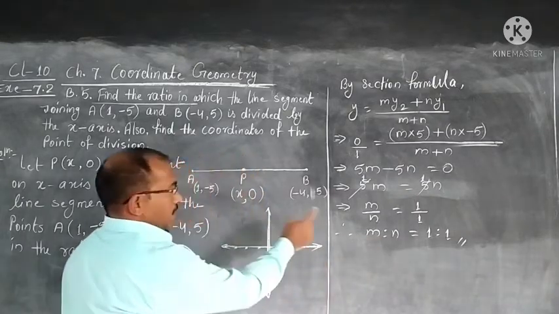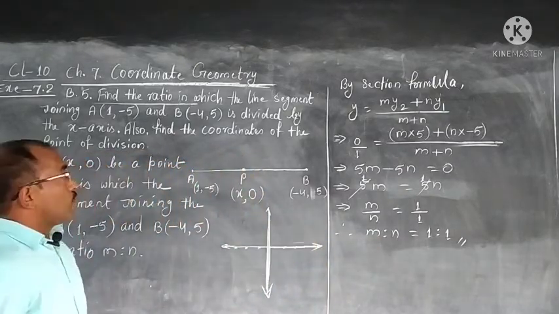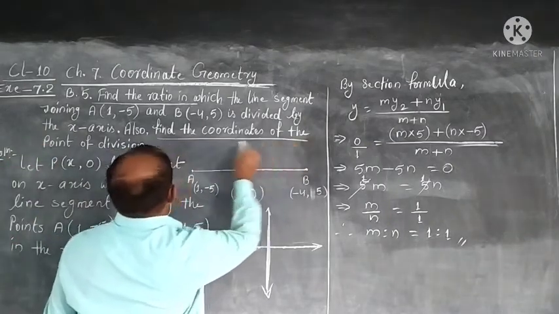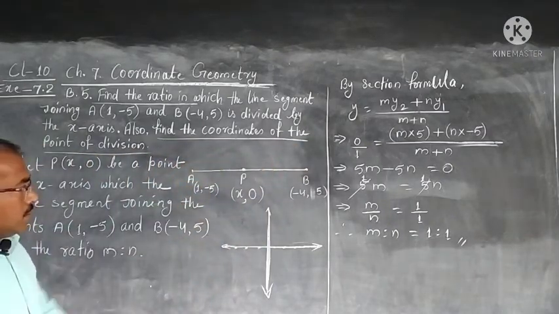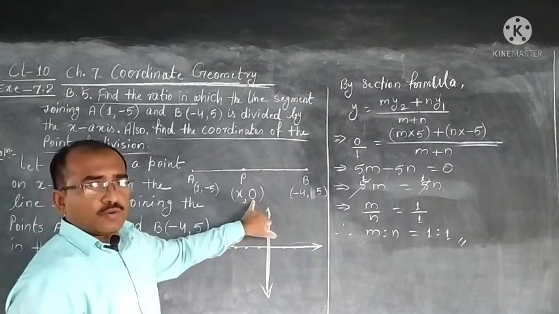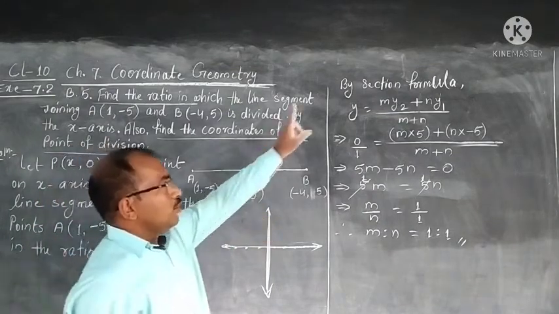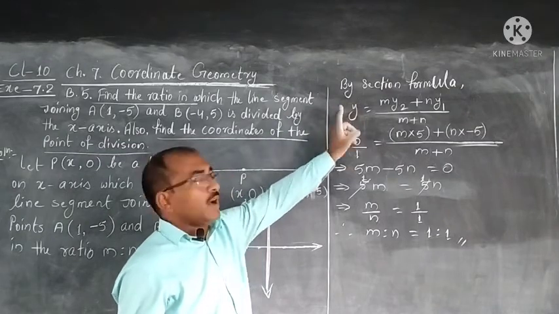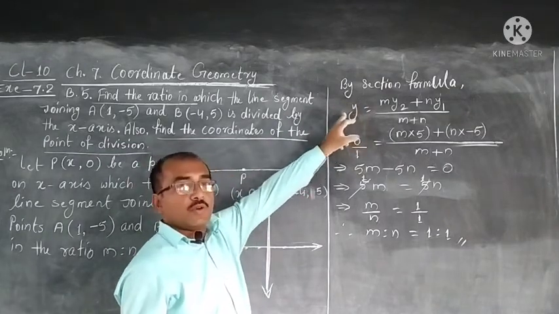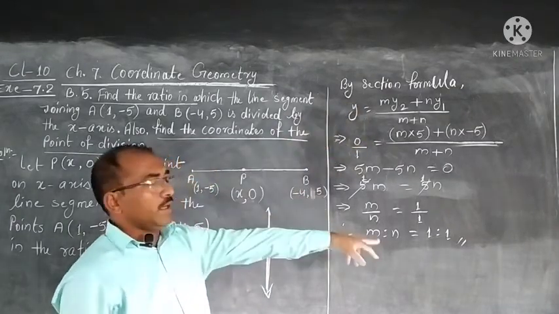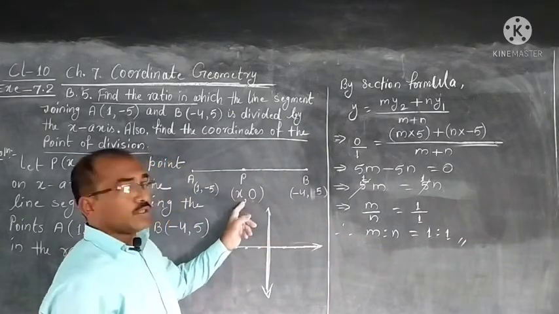After knowing this ratio m and n, now the question is: find the coordinates of the point of division. Why is y 0? You remember here I wrote x, after that I told that we will not use x for finding the ratio m:n because the x value is not known.